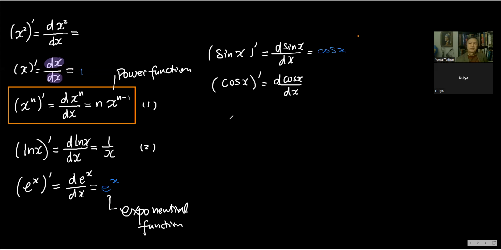How about tan? Do you know the chain rule and the quotient rule? Tan x derivative is 1 over cos squared x. I remember one time you used this formula.